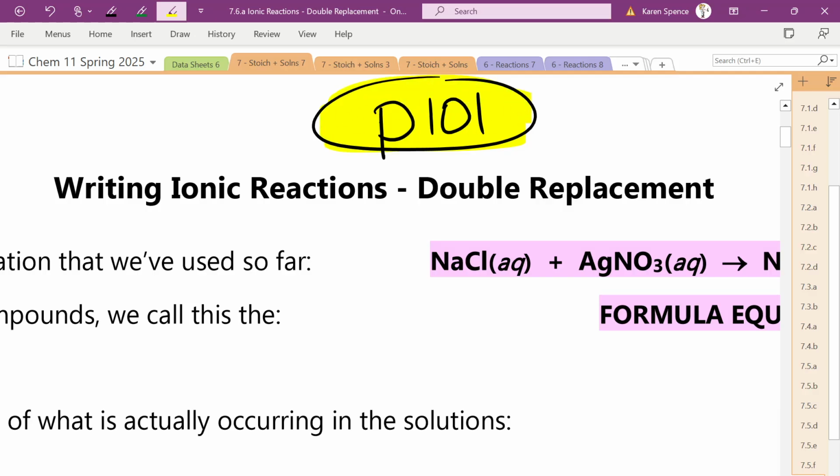So you guys are already good at writing your double replacement reactions. And last day we looked at things that dissociate in solution. Okay, and so what we're going to do is put those two ideas together, the double replacement reaction and the dissociation.